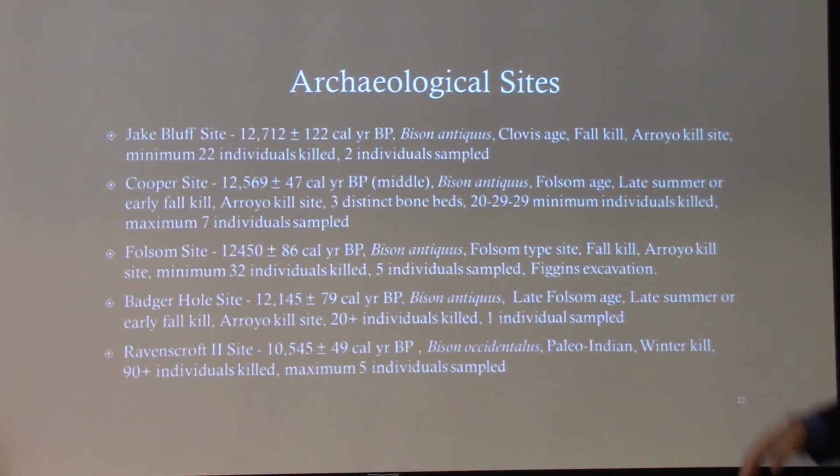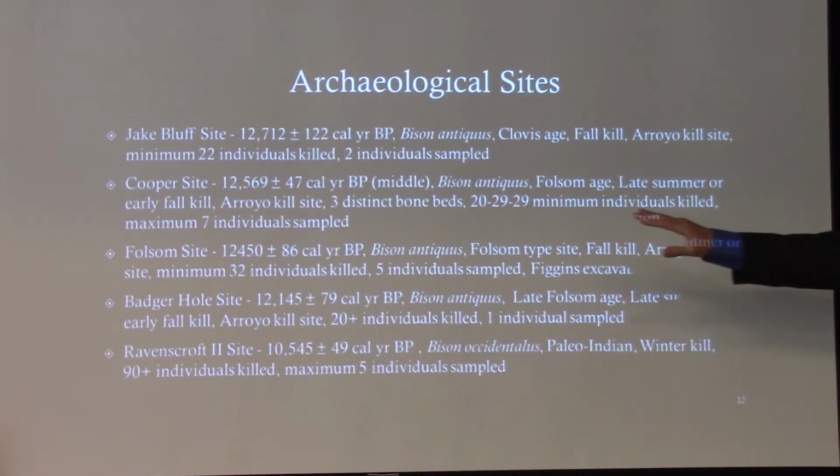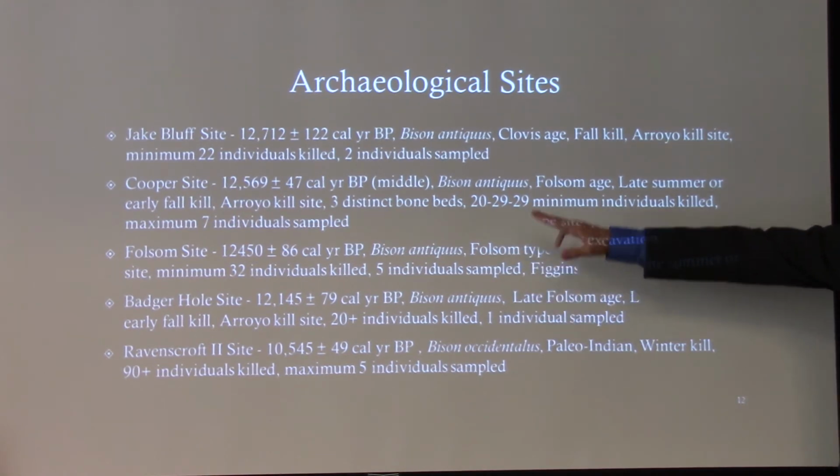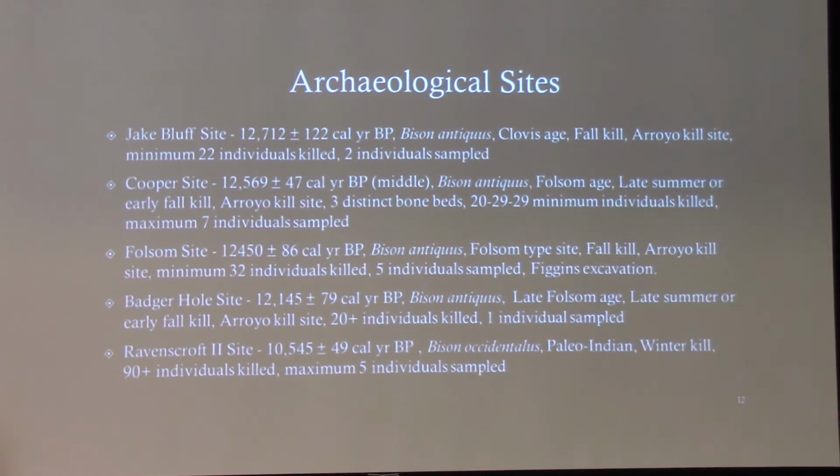There are 3 distinct bone beds. In each of the bone beds, there were 20, 29, and then 29 minimum individual kills. I had a maximum of 7 individuals sampled.